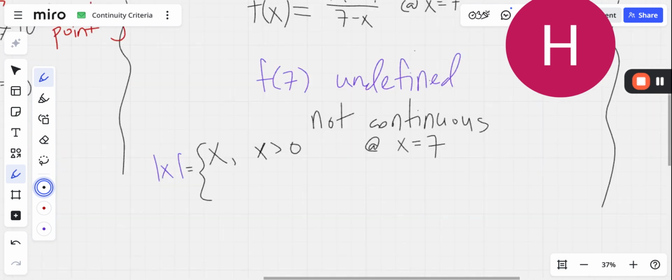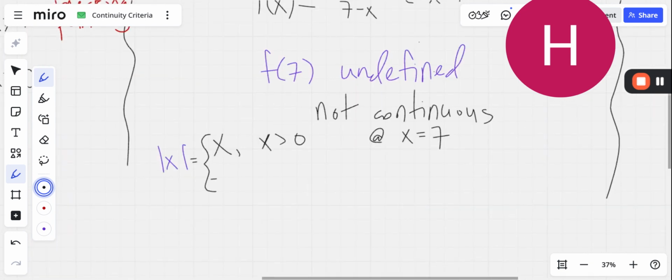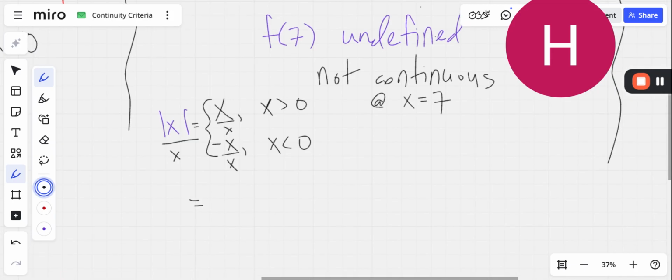Otherwise, we get negative x, and that's whenever x is less than 0. So therefore, if we take the absolute value of x and divide it by x, then this function just becomes positive 1 and negative 1. It becomes positive 1 when the x doesn't change, so when x is greater than 0. It becomes negative 1 when x does change, when x is less than 0.